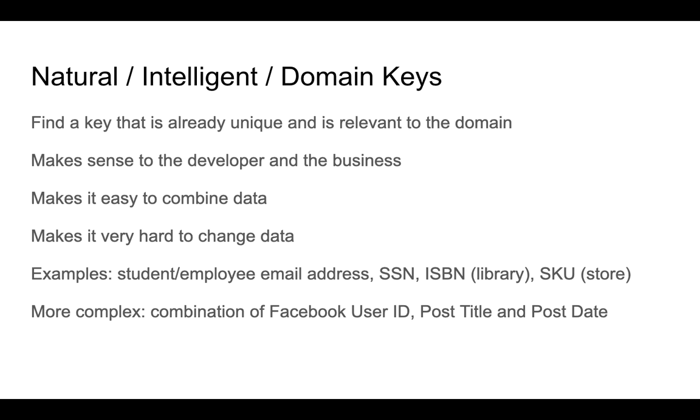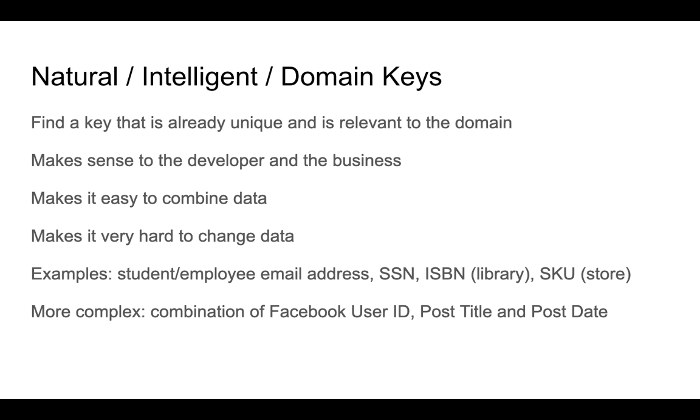Of course, you might need to get a little bit more complicated. You can have combined keys. So for example, if you have a Facebook user or Twitter or Instagram or whatever you're using, their user ID isn't enough to identify all their posts. Even the title might not be enough, right? Because maybe you go to the beach and so you have several posts titled beach day, and you might need date and time or something like that.